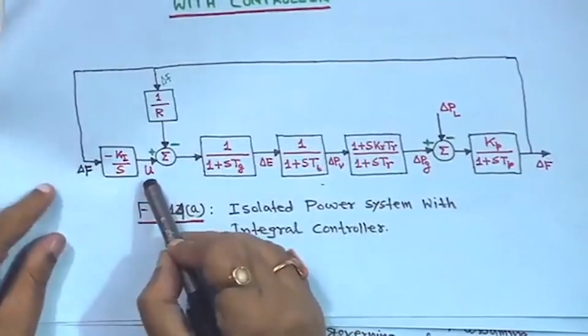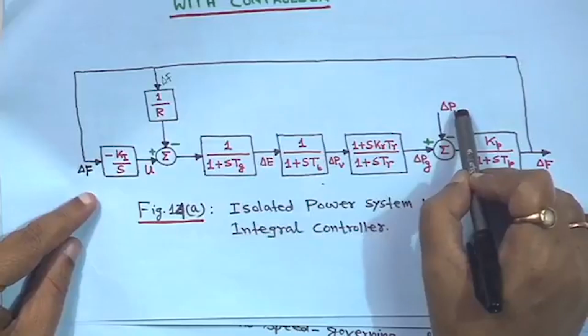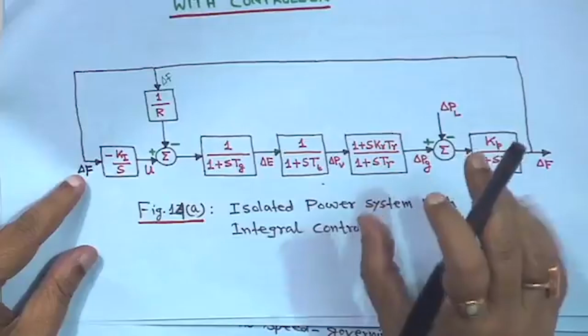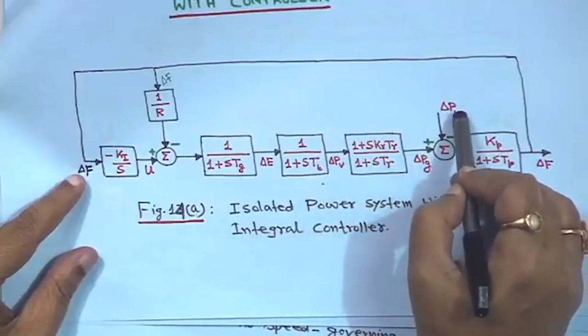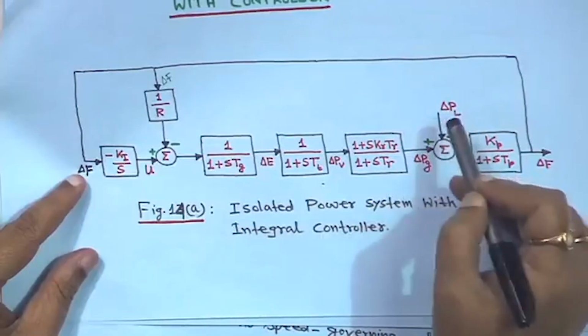That means at steady state, the value of u will become the value of the step disturbance. Philosophically, whatever load demand has increased, right, say it is the increased case, though increase or decrease does not matter.